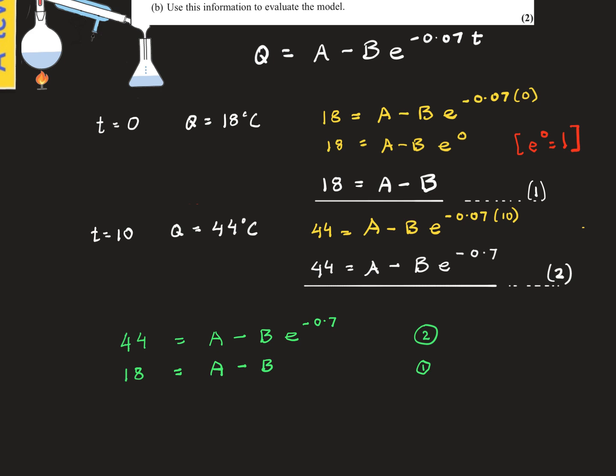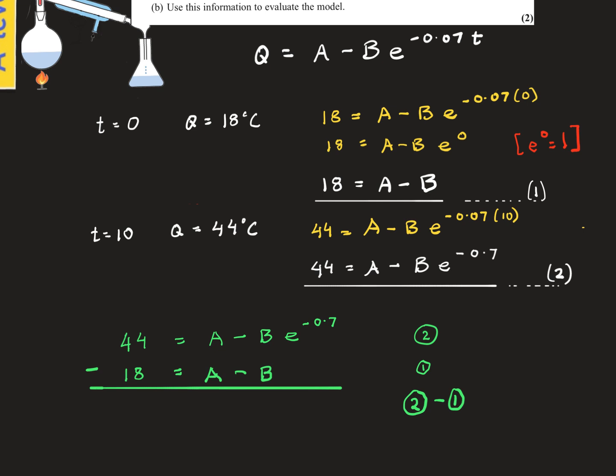My preferred method here is to subtract the first equation from the second equation. The reason is that I have an A and an A over here, which are identical, so they will cancel out.